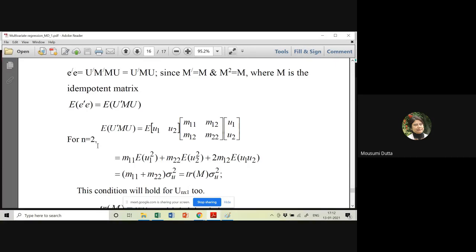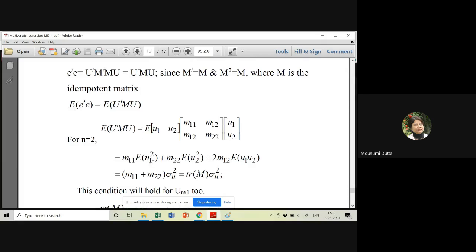So I'm considering M to be 2 by 2. The expectation of u transpose Mu can be presented as expectation of u transpose, which is a row vector, since originally u is a column vector, then the idempotent matrix M11, M12, M12, M22 multiplied with the original u vector u1, u2. This will result in M11 u1 square, M22 u2 square plus 2 M12 u1 u2.